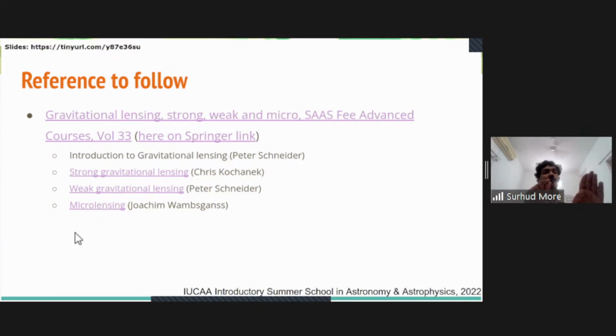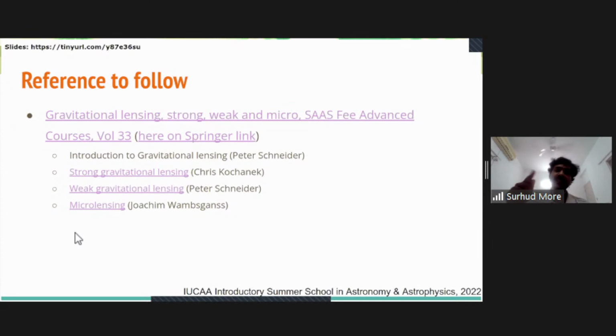Typically in microlensing, the object causing the microlensing moves with respect to the source. When this motion happens, the impact parameter between the source and the lens changes as a function of time. So these multiple images form and then go away, and you see the magnification increase and then start to decrease again. That is what microlensing is, and it is also powerful. In the interest of time, we could not go over it.